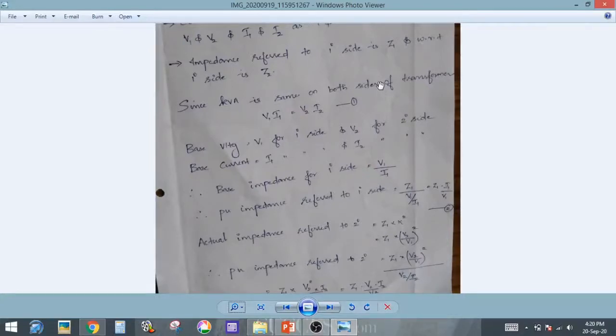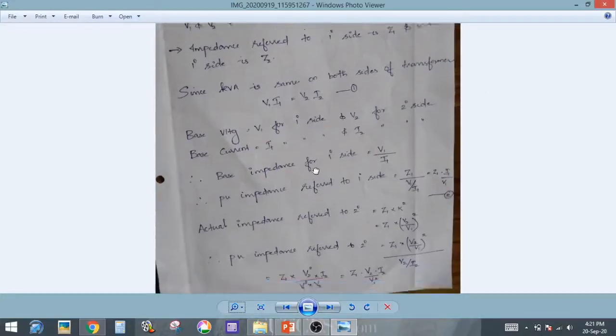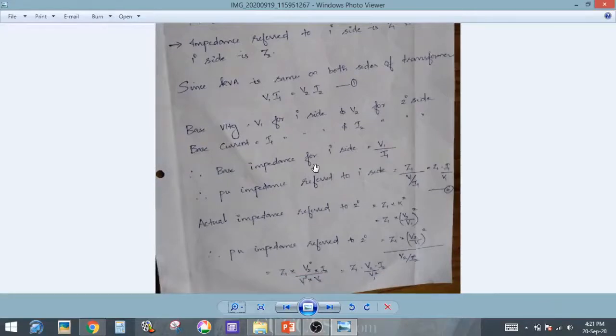Base current for the primary side is I1 and base current for the secondary side is I2. Base impedance for primary side is V1 by I1, and per unit impedance referred to primary side can be taken as the actual value divided by base value. Actual value is Z1 and the base value is V1 by I1, that is Z1 I1 by V1.